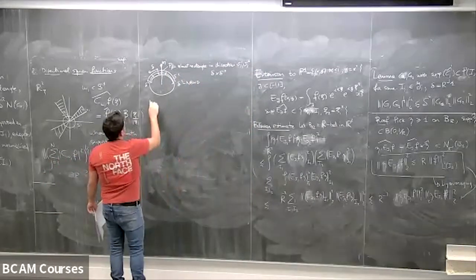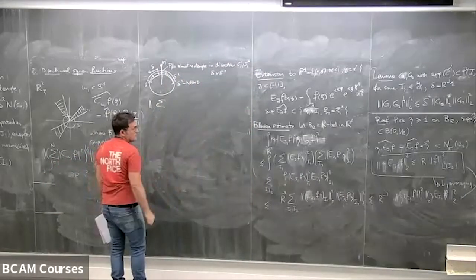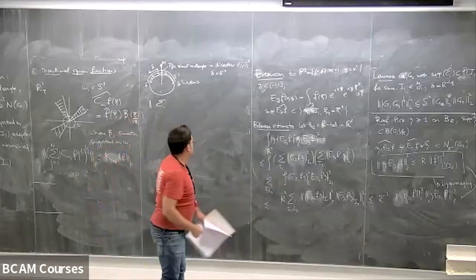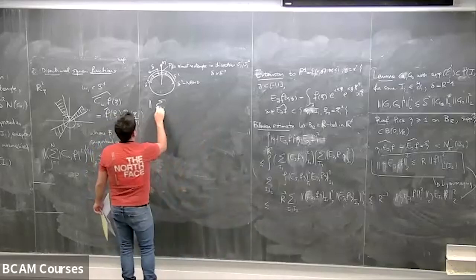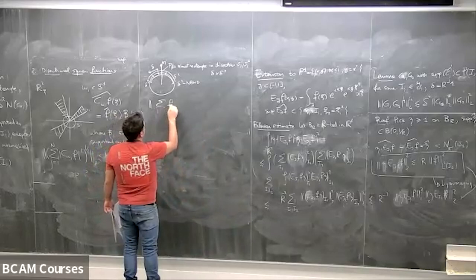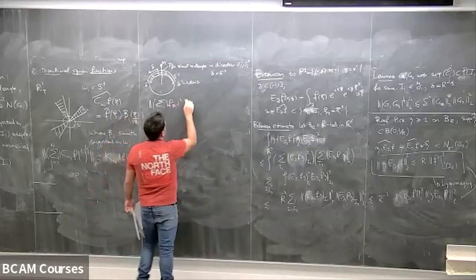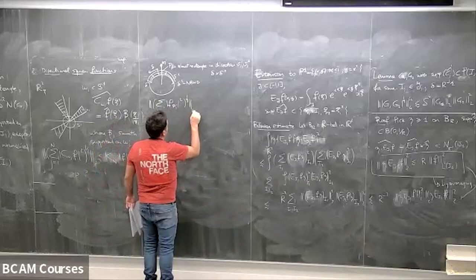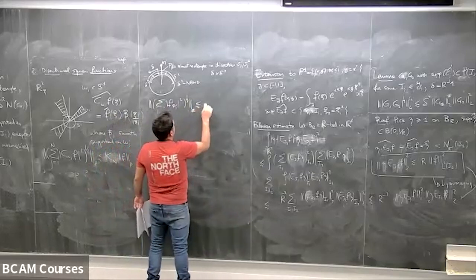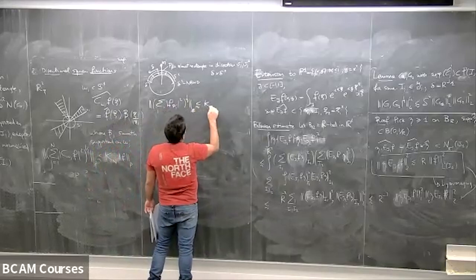And so this is essentially the same estimate that we had before, but it's the other direction. And here it should be kappa delta.